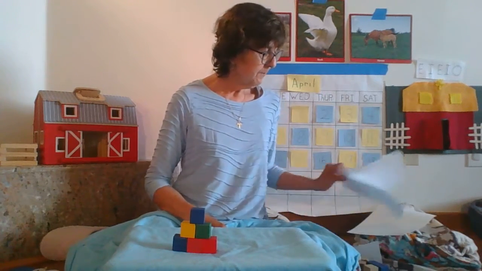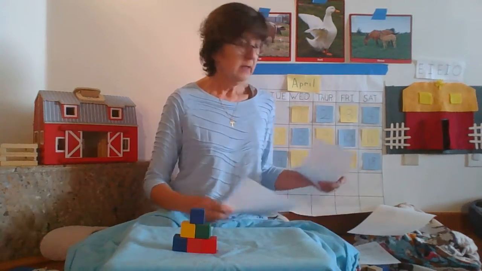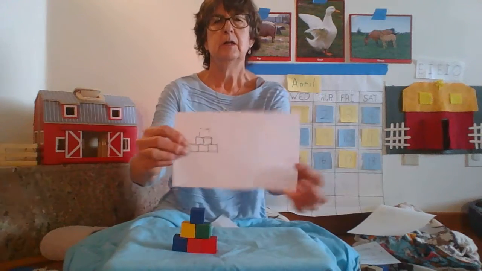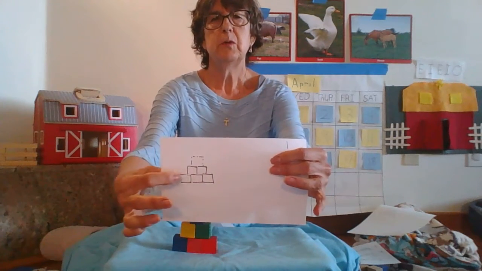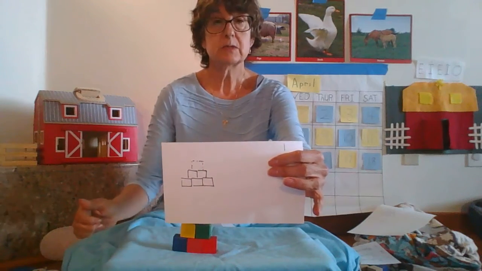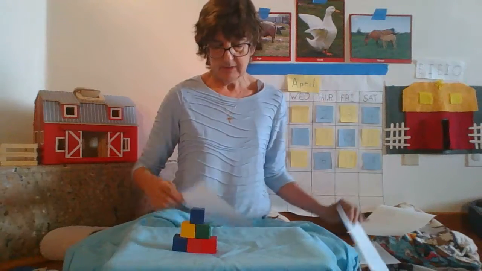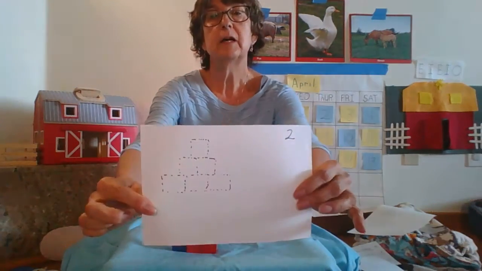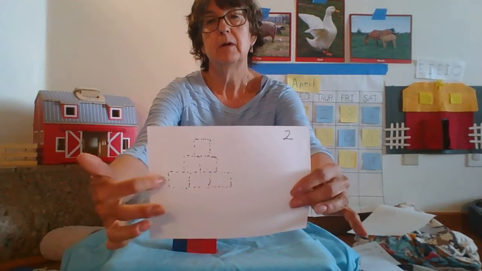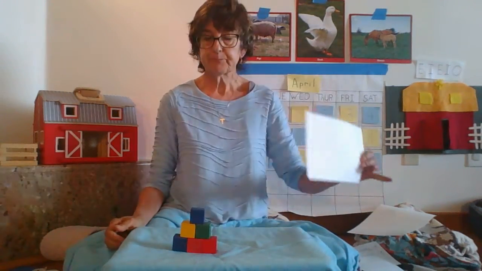So the first step maybe would be you do the bottom 2 rows and then let them either trace or add on the last one by itself. Another way would be to do all dots and just have them trace the dots and then color the blocks.